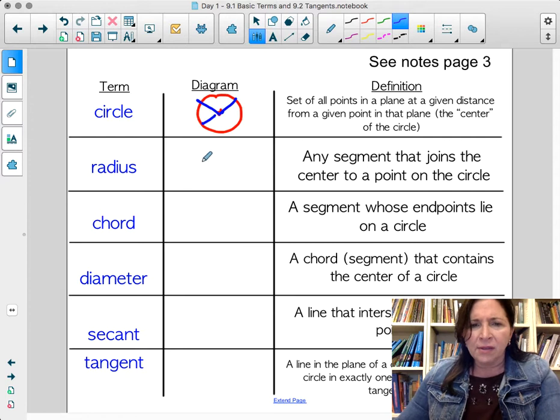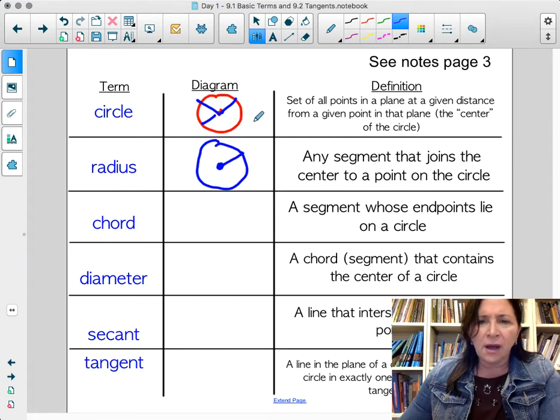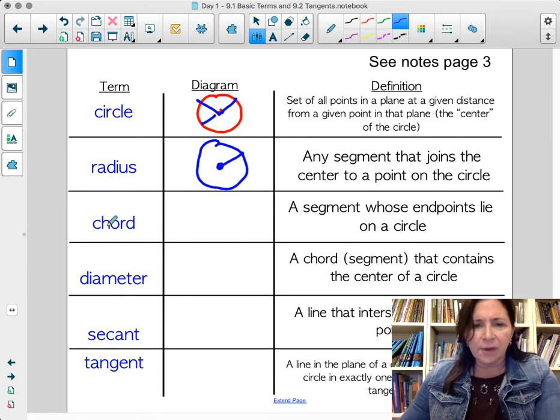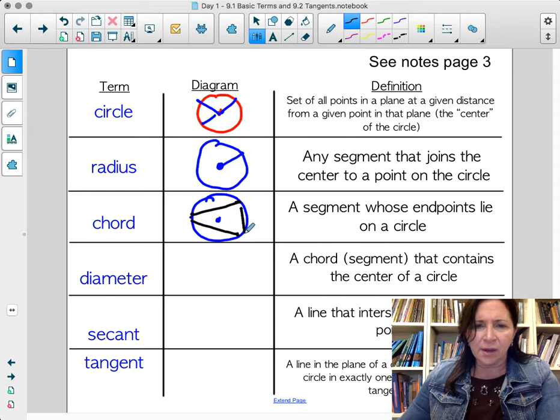This is a great segue to the next picture, because a radius is a segment that joins the center to a point on the circle. Now a chord is a little bit different. A chord connects two endpoints on the circle. So there's a chord. You could have a chord this way, and you could have a chord this way.